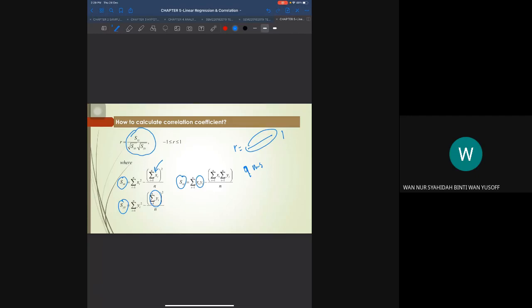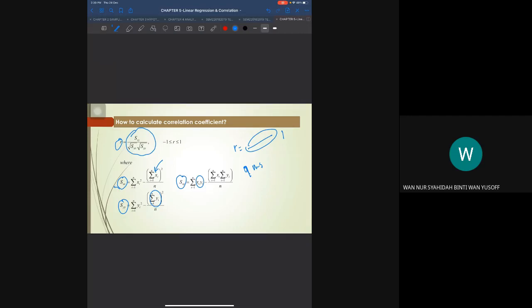If we have an outlier, it will affect the summation value, then it will affect your S, and then it will affect your R here. It is about the formula itself, because it involves the summation value. It is not about the location of your data.